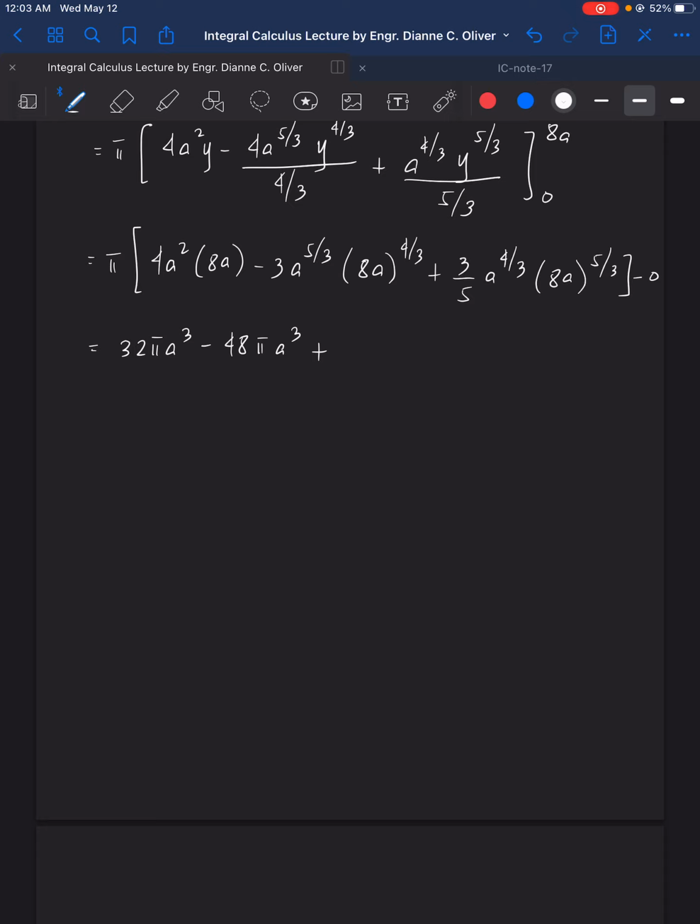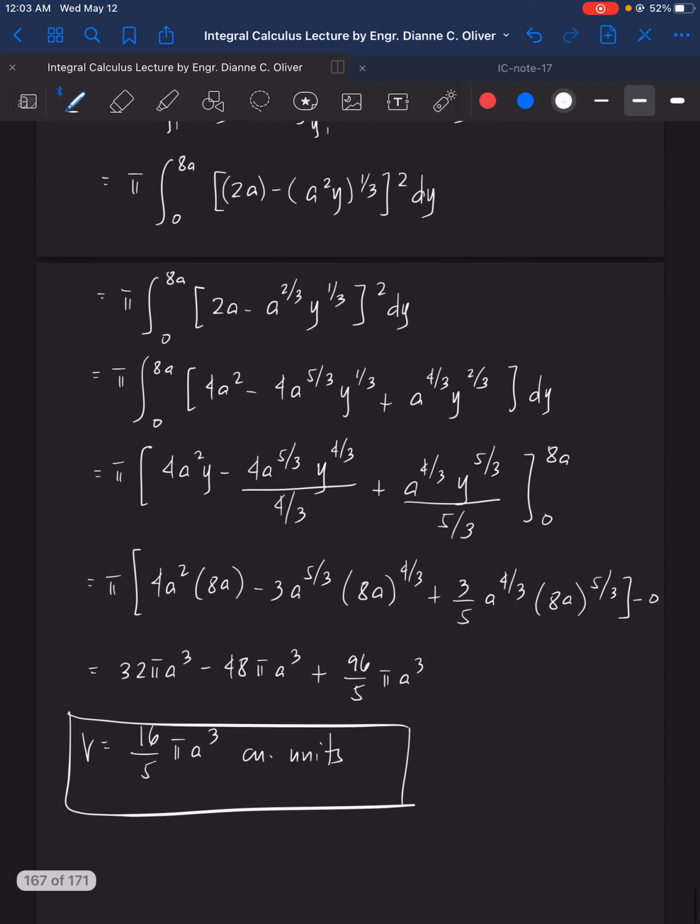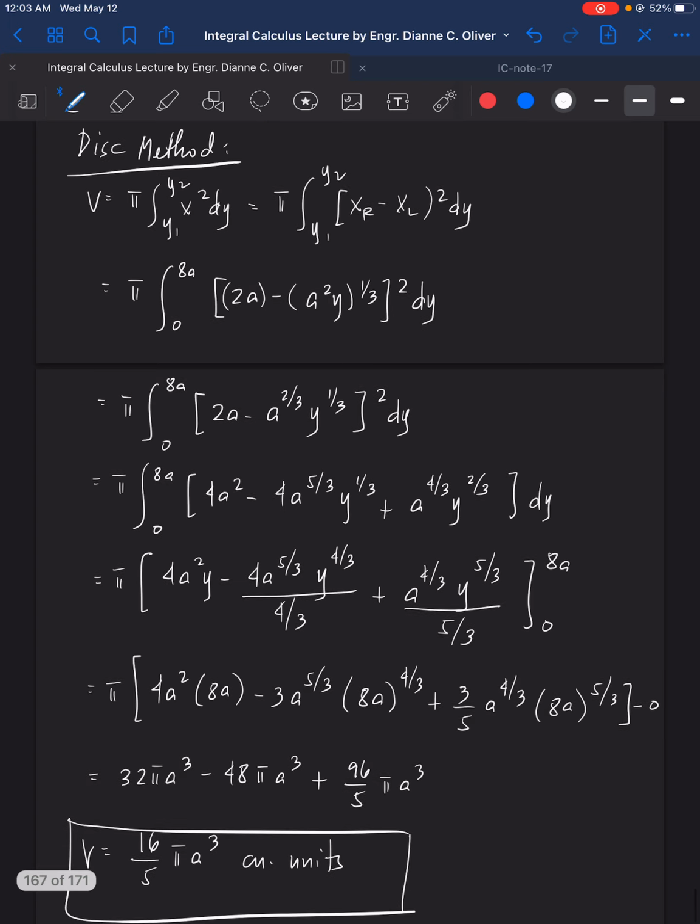Okay, so we have here 96/5 pi a raised to 3. So volume now is 16/5 pi a raised to 3 cubic units. So that's the volume for this method.